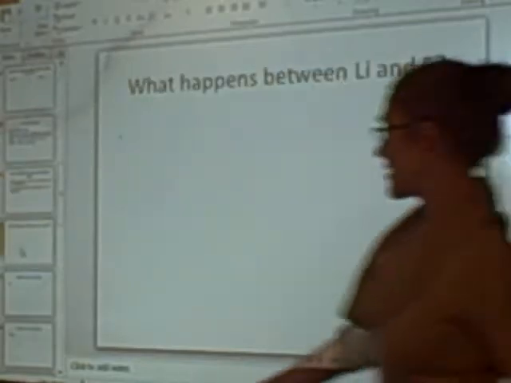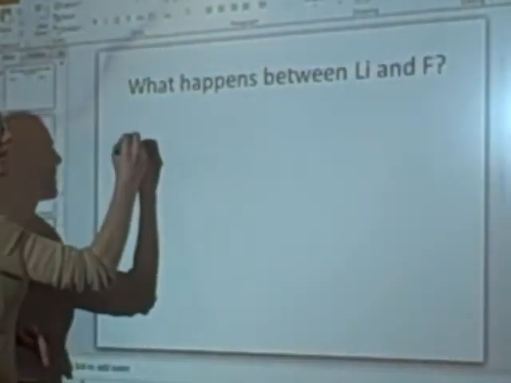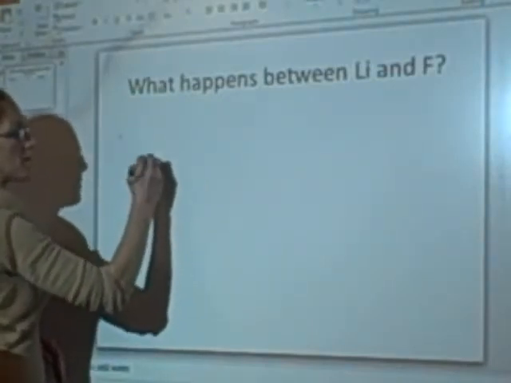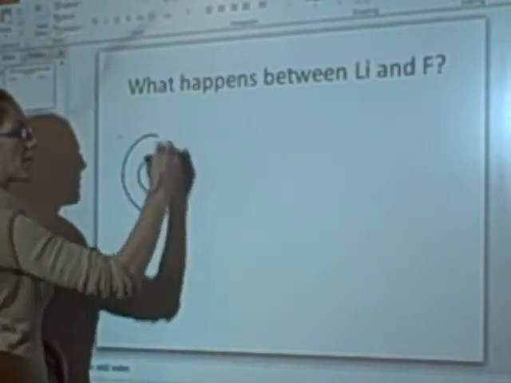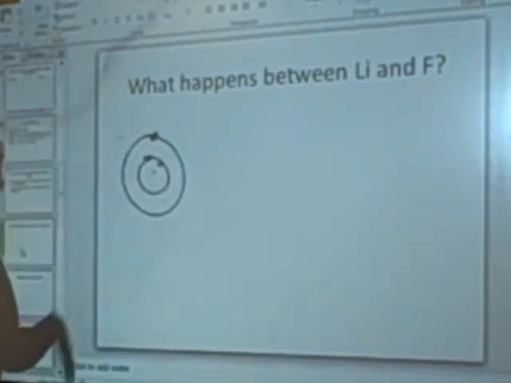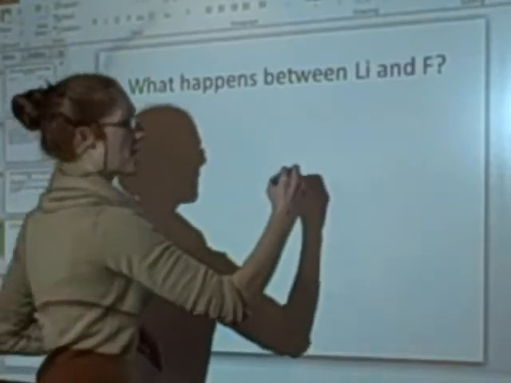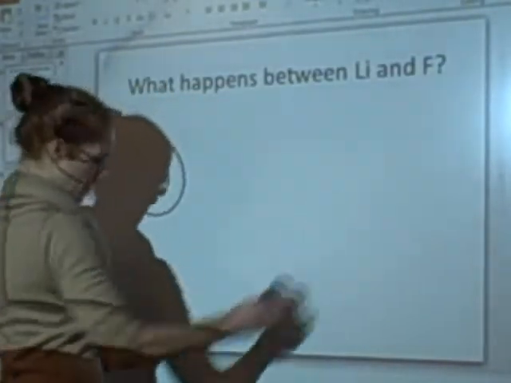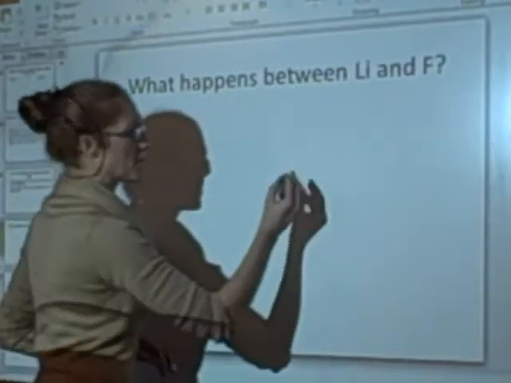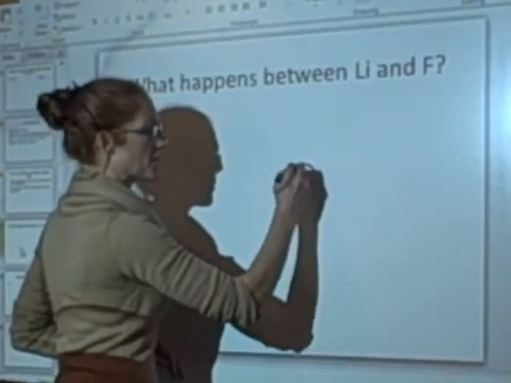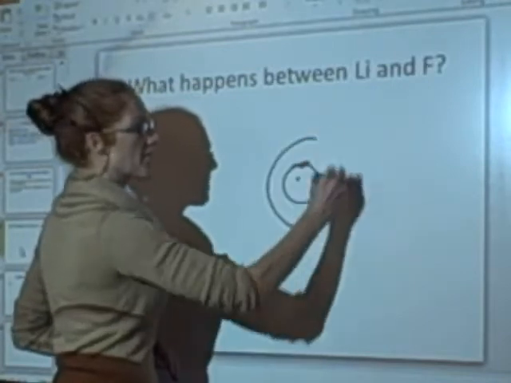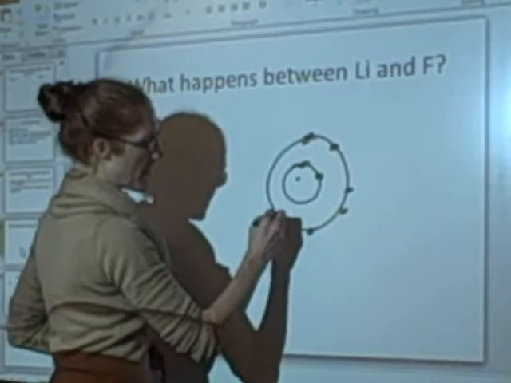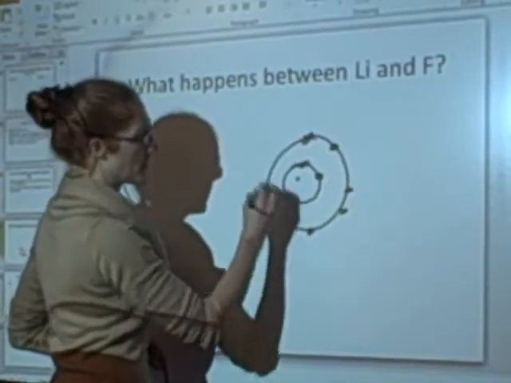Okay, so if we looked at lithium and fluorine, the lithium had the 3 protons, right? And 2 electrons on the first shell, 1 electron on the outer shell. That last electron experiences the most shielding. And if I have fluorine here, fluorine has 9 protons, and it's going to have 2 electrons on the first shell, 7 electrons on the next shell. 1s2, 2s2, 2p5, right? 1, 2, 3, 4, 5, 6, 7.